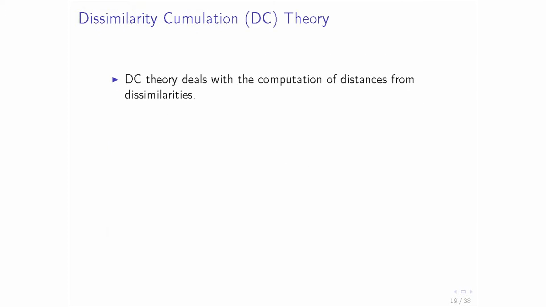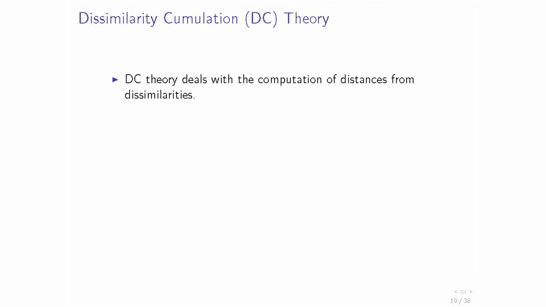Okay, now let's step back a little bit and let's consider the more general dissimilarity cumulation theory, which is behind the Fechnerian scaling. So the Fechnerian scaling is just one special case of this DC theory.